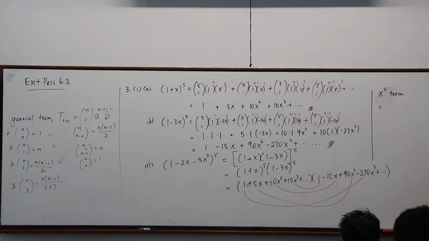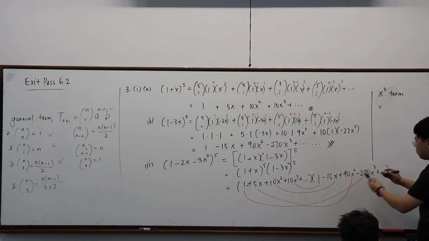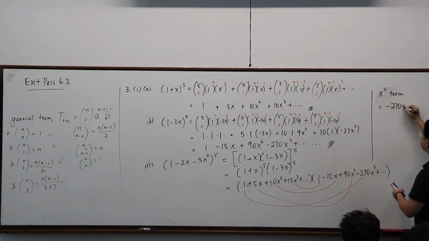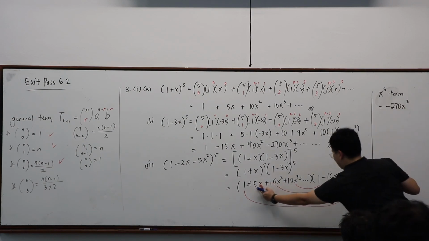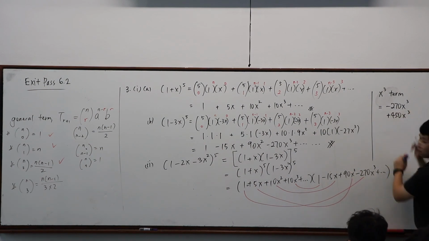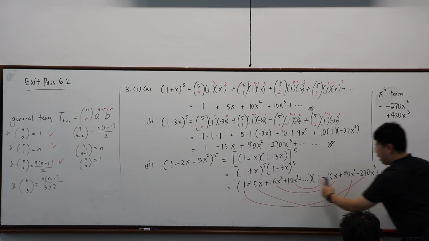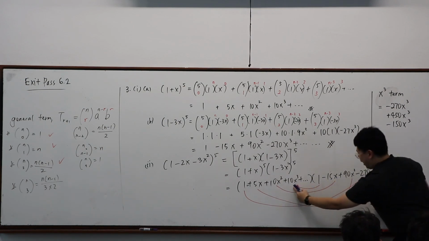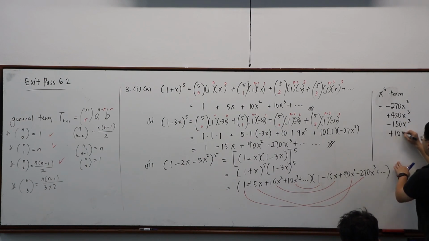Correct? So how do we get our x cubed term again? 1 times that, so this is minus 270x cubed. 5x times 90, so plus 450x cubed. 10 times this, so minus 150x cubed. 10 times this, so plus 10x cubed.